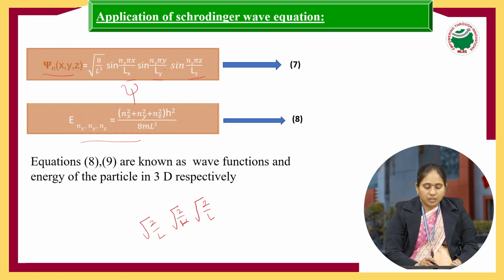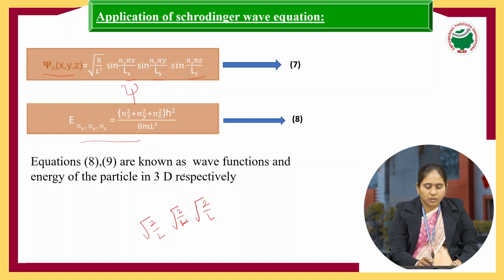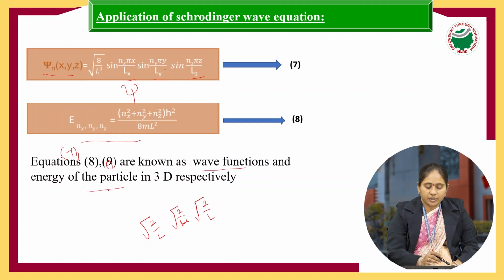So equations 7 and 8 are the energy and the wave function of the particle in 3 dimensions. The wave function is equation 8, and the energy is equation number 7.